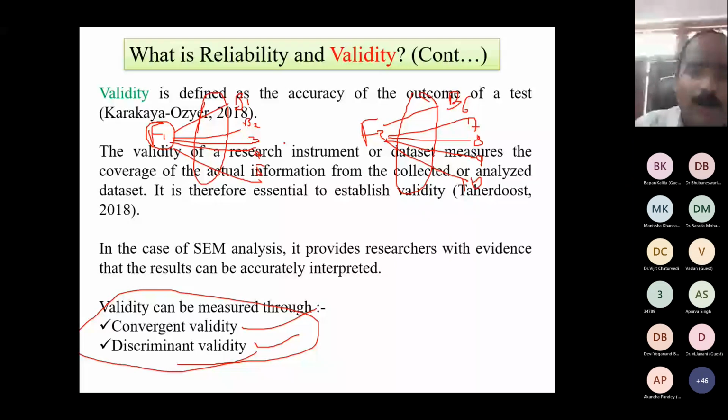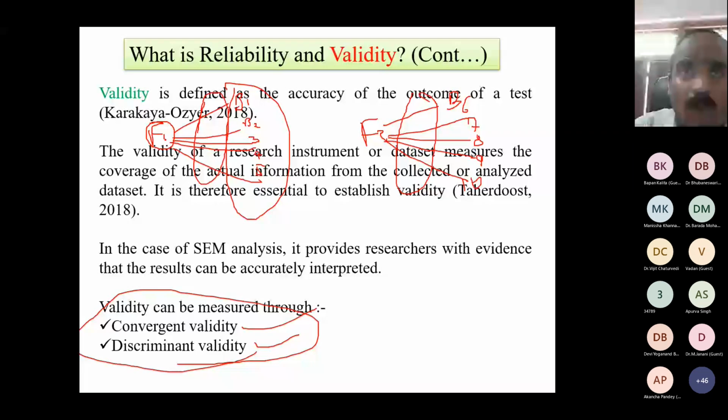How strong is the bonding? In statistics we calculate strong bonding by covariance or standardized correlation. If the covariance or standardized correlation is very high among these 5, then we can say they are converged into F1, hence convergent validity.